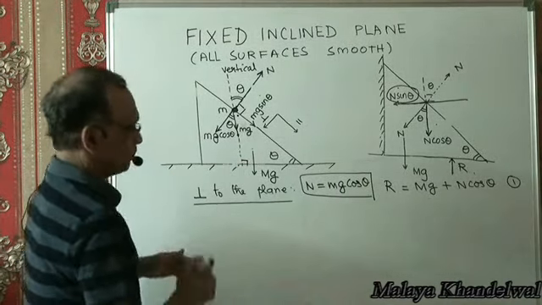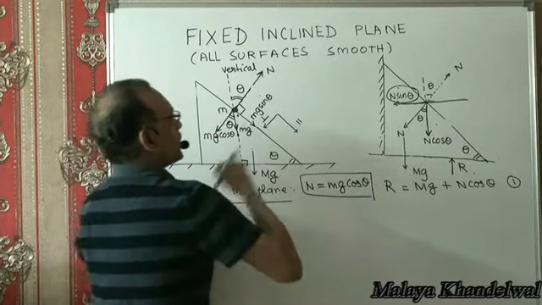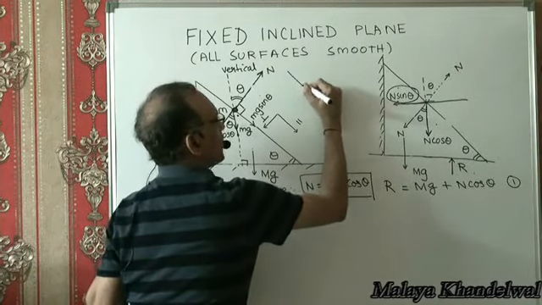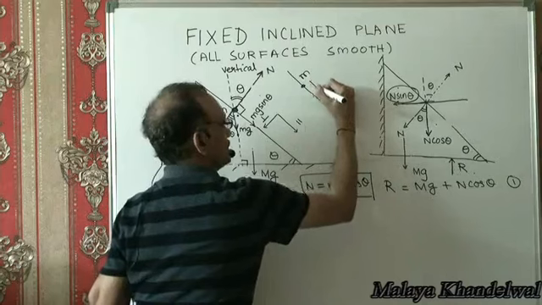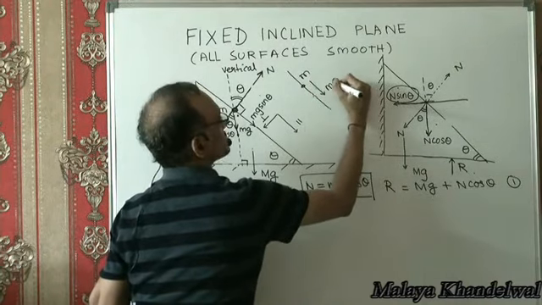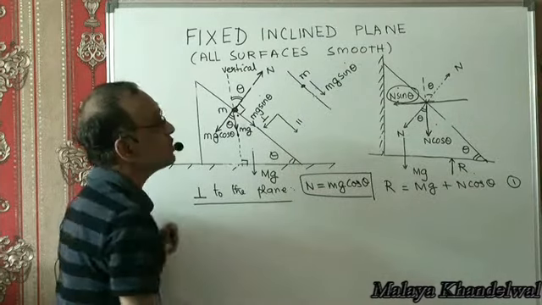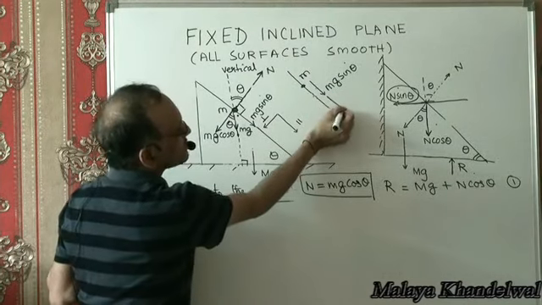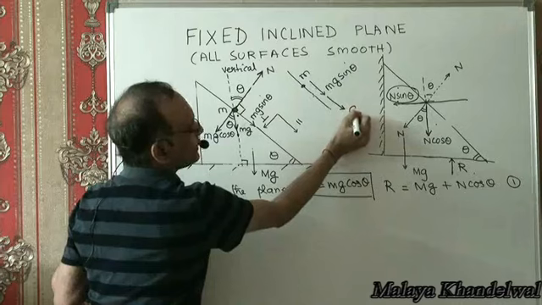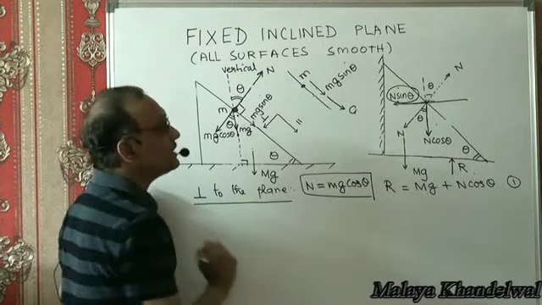Now, on this particle, what's the only unbalanced force acting on this particle m? That's mg sin theta. And what does this unbalanced force do? It produces an acceleration a parallel to the plane.